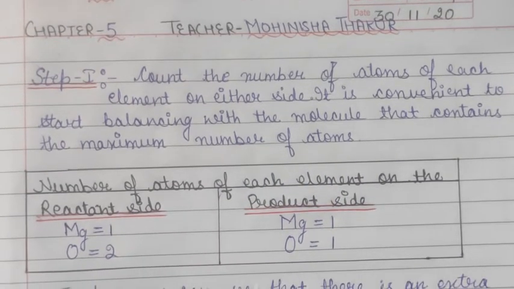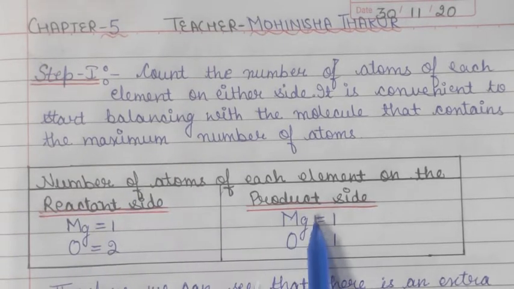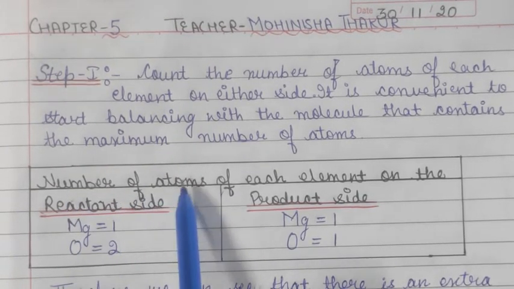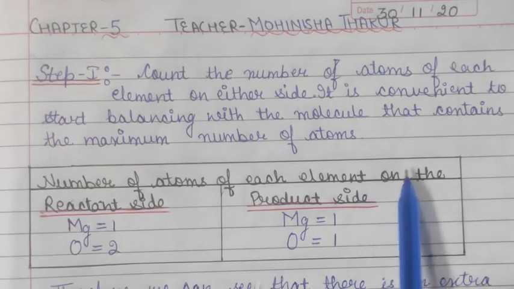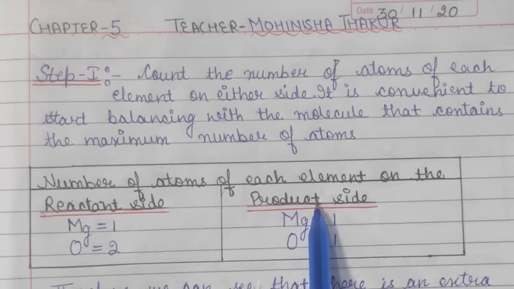Students, you may observe step 1 in this table, in which the number of atoms of each element on the reactant side and product side are given.